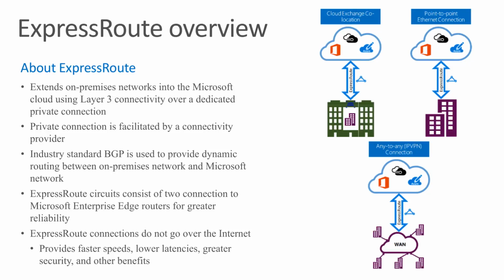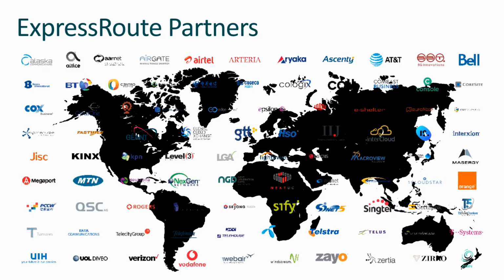This is not something that is generally available to everybody. You have to partner with one of the ExpressRoute partners. These are examples of what are essentially internet connectivity companies all over the world: Level 3, Verizon, Orange, Bell, AT&T, etc. These are all over the world that partner with Microsoft to deliver Azure ExpressRoute connectivity.